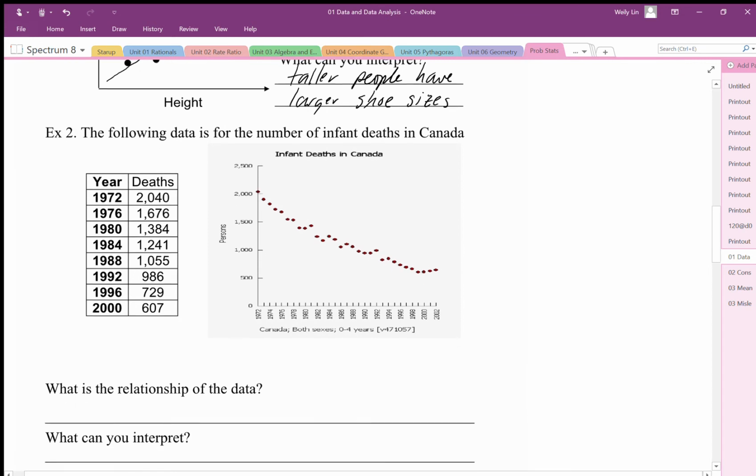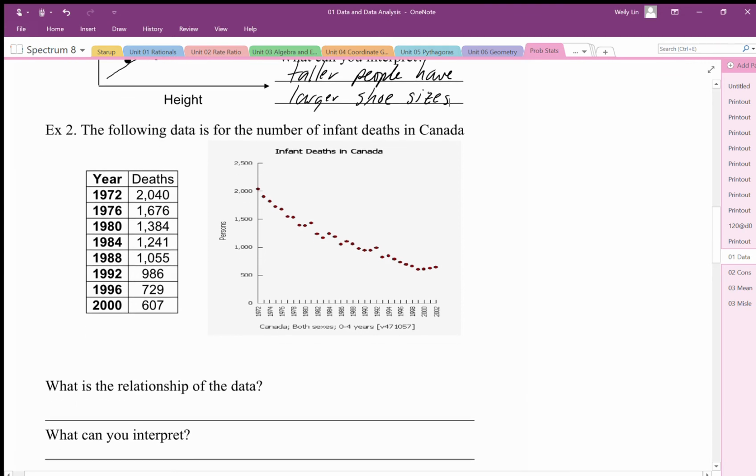So here, this data shows the number of infant deaths in Canada, or infant mortality rate, and it looks like there is a negative trend here. It's trending downwards. It's maybe not necessarily a straight line. It looks like it's kind of curving, but this is a negative trend.